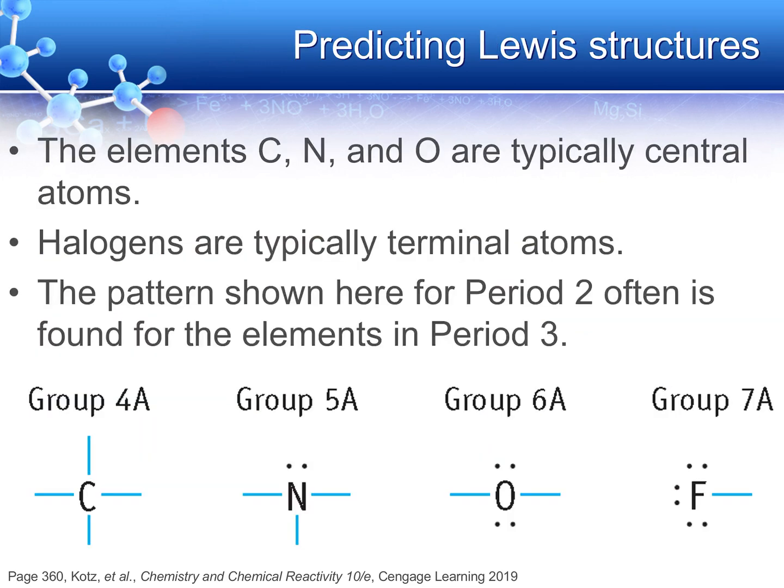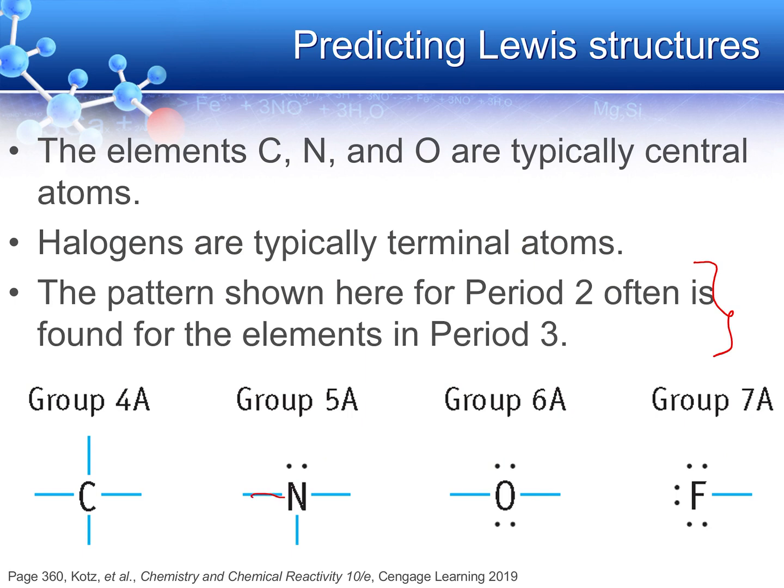So again, trying to predict the Lewis structures, carbon, nitrogen, and oxygen are typically central atoms and halogens are typically terminal atoms. But there's often a pattern, not always, but there's often a pattern. This is shown for period 2, but period 3 often follows this pattern too. For group 4A, you'll see the central atom has 4 bonds around the central atom.